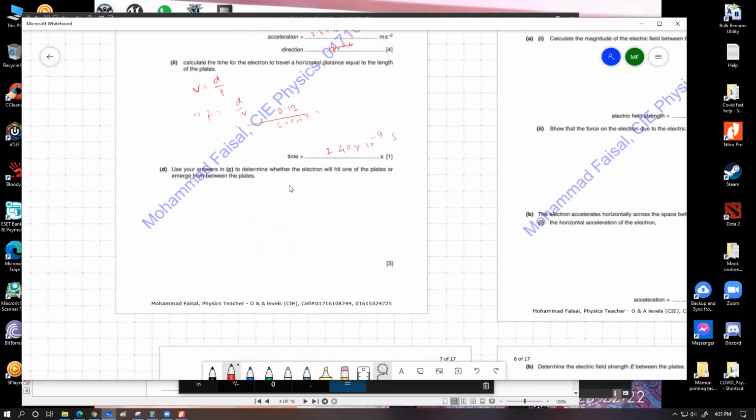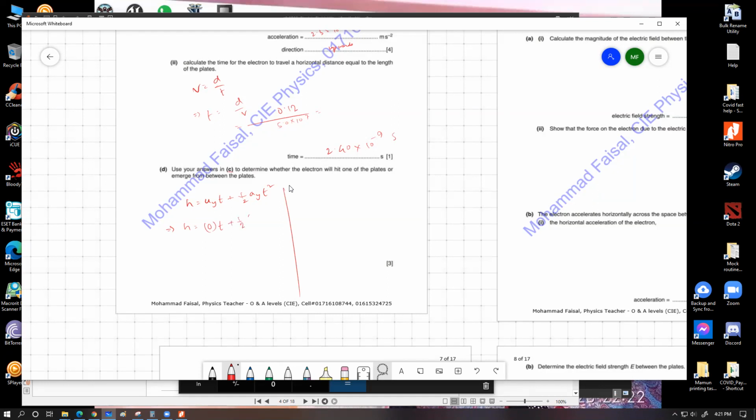Now let's go for the vertical equation. We know that for projectile motion h equals to uy t plus half ay t squared. Recall this equation, anyone? Yes, sir. Looks familiar? It should. So in this case, h equals to 0 into t, because initially the electron did not have any vertical speed, plus half into acceleration.